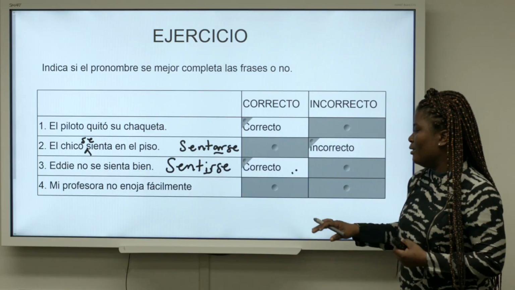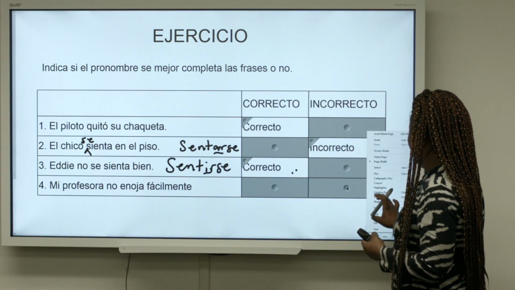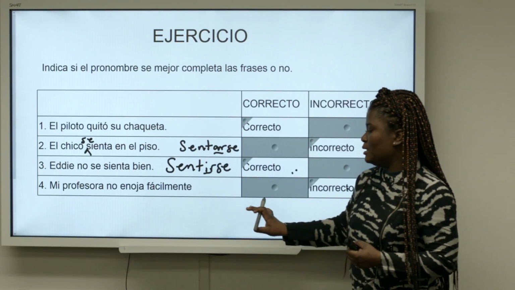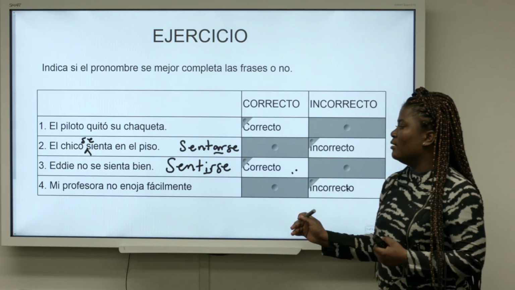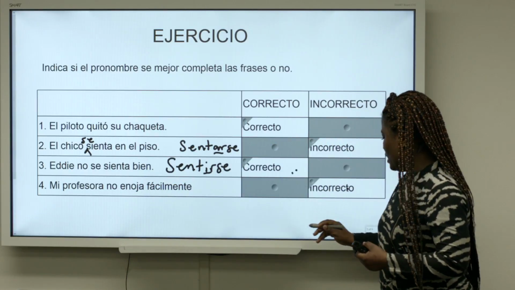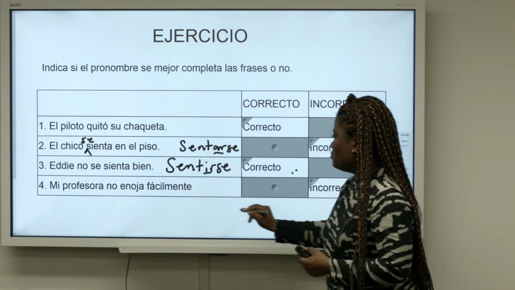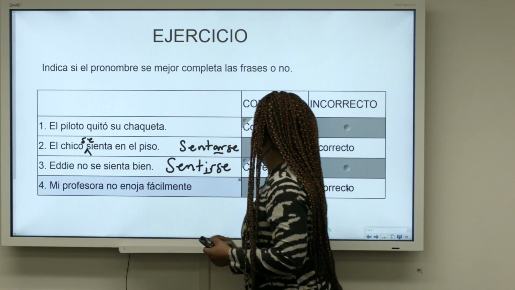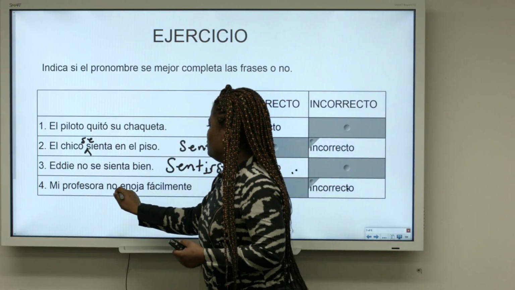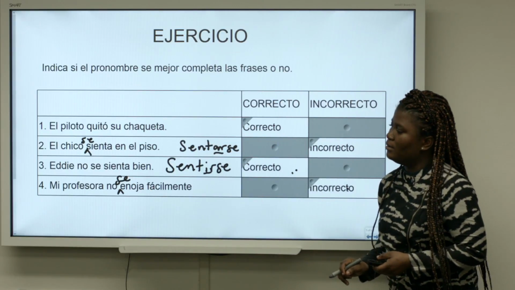So it has to be an incorrect sentence which lacks the pronoun se. No se enoja fácilmente. Mi profesora no se enoja fácilmente.